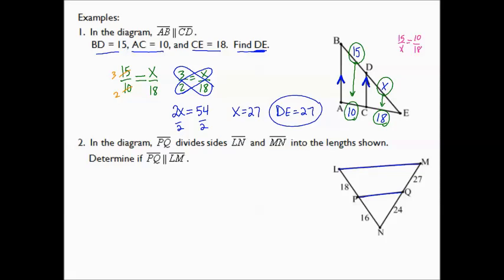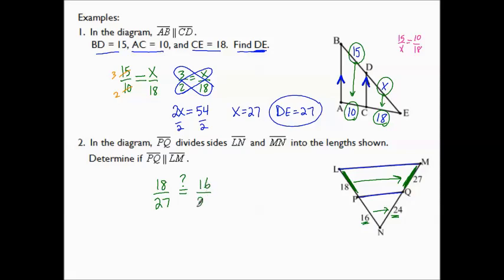So if we go in an organized manner, little piece on the left, we could put with little piece on the right, going left to right. So that would put 18 over 27. The question is it equal to going left to right along the bottom, 16 and 24? Little piece on the bottom, little piece on the bottom, left to right, as long as we're going in the same order.